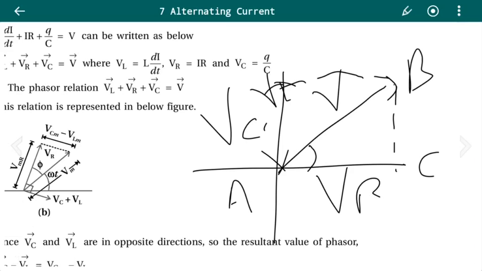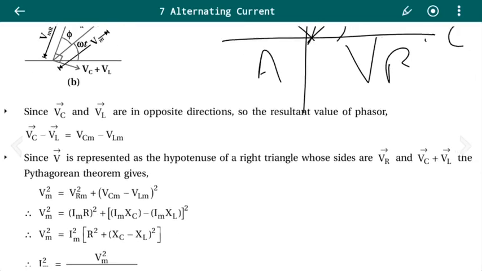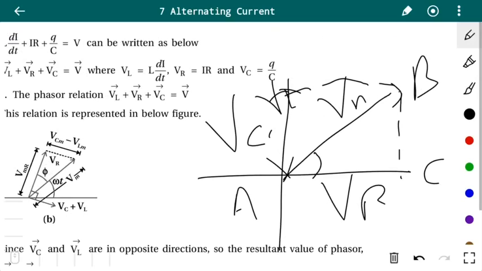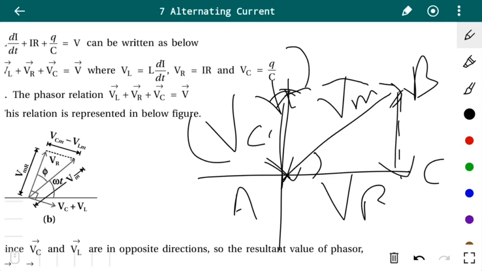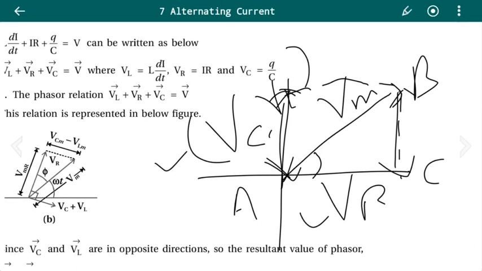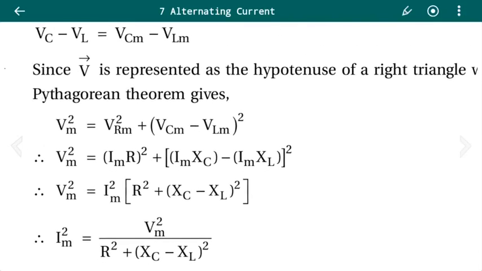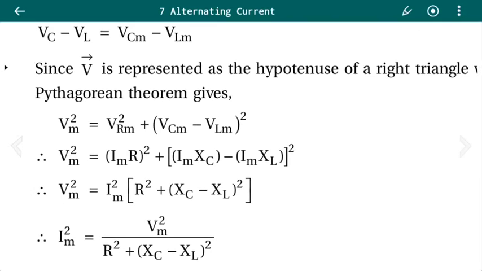So here Vm square, that is this vector Vm square, is equal to, because this side and this side are both the same, Vc minus Vl whole square plus Vr whole square. So Vrm square plus Vcm minus Vlm whole square.